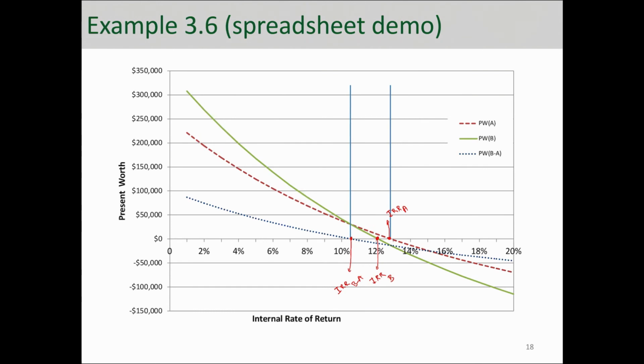And that means alternative B is the best one. But if the IRR is somewhere between these 2 points, alternative A is better because it's above alternative B's curve. And if the MARR is greater than IRR of A, that means you're basically better off doing nothing.